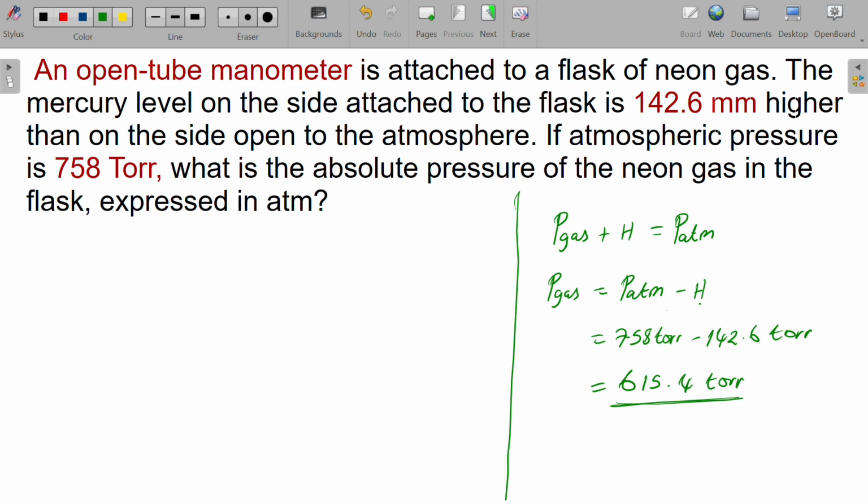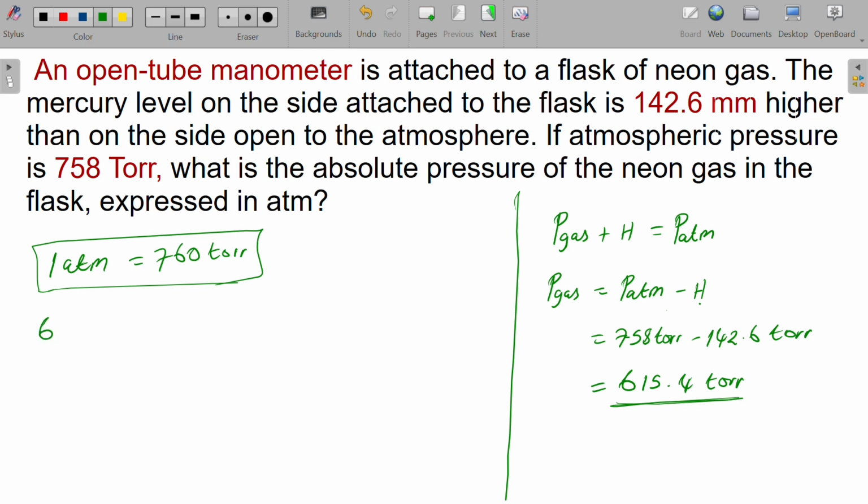The conversion we need is 1 atm is equal to 760 torrs. So this is the conversion factor that we need. 1 atm is equal to 760 torrs.